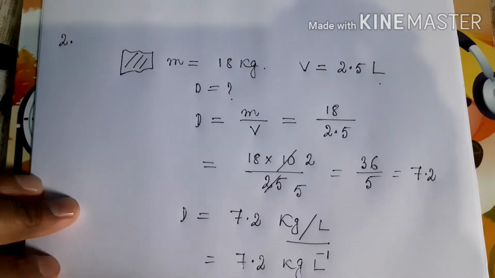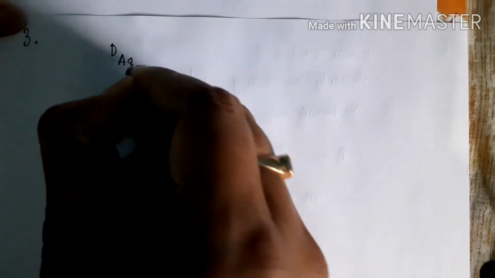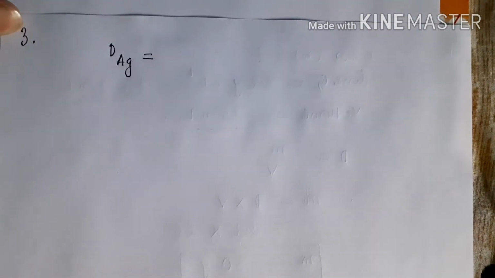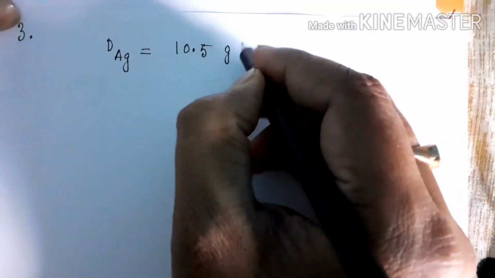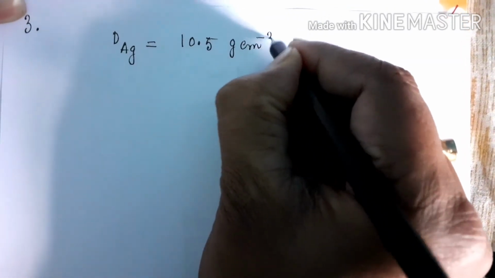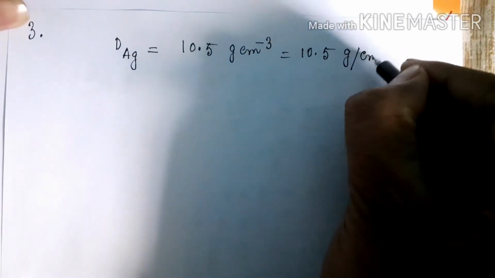Next, come to the third numerical. What is the question? I'm just first reading. The density of silver, Ag, is given 10.5 gram per centimeter cube. So density of Ag, that means silver, is given 10.5 gram centimeter to the power minus 3, or same thing, 10.5 gram per centimeter cube.